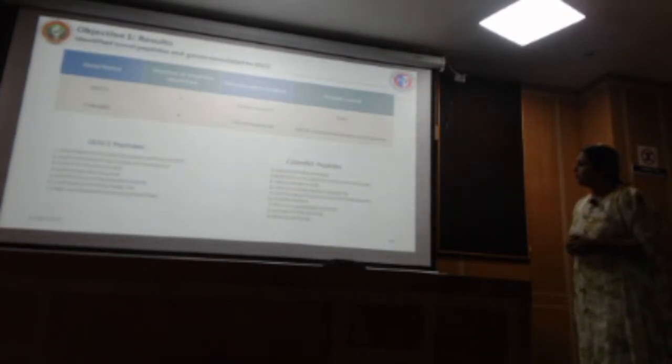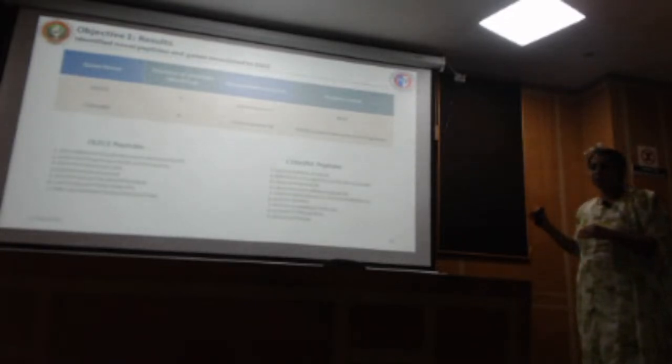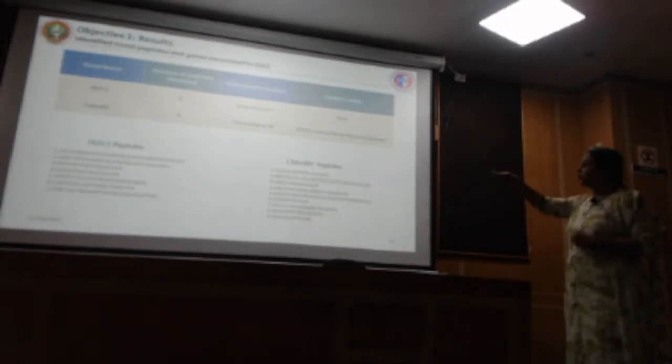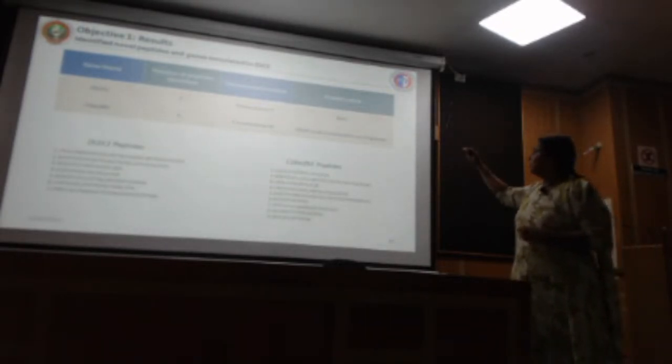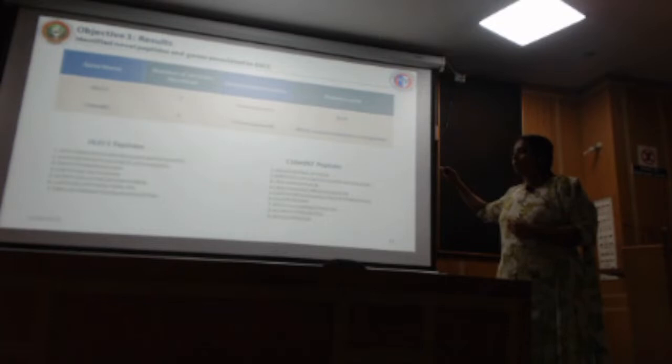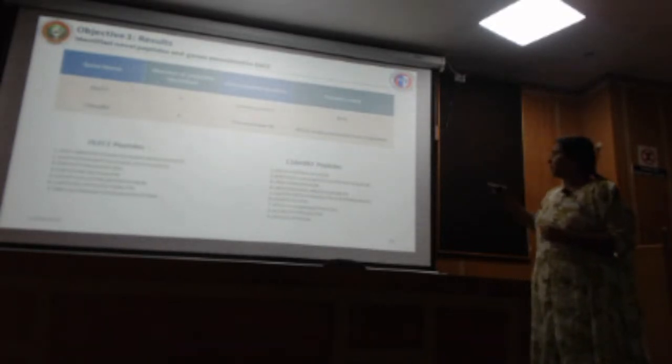So these are the 16 peptide sequences which we obtained, and they belonged to 2 genes. One is the LEC1 gene and its location, and the second one is the C16 or R62 gene. These are the peptide sequences which we obtained after searching.